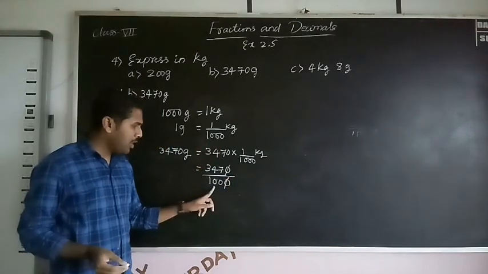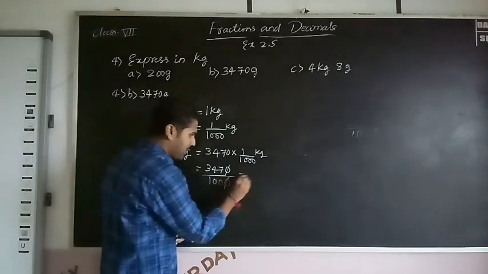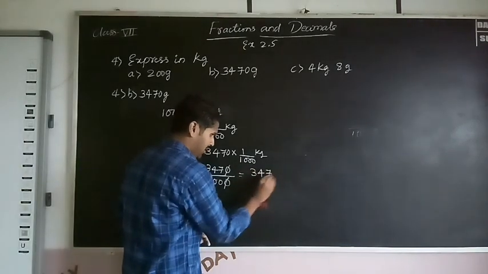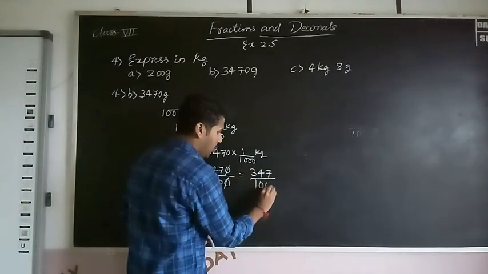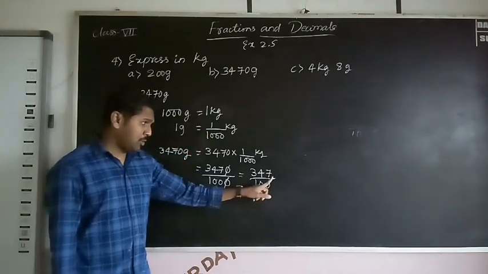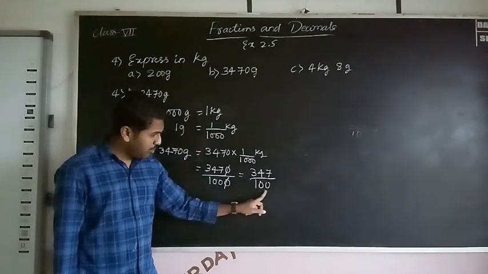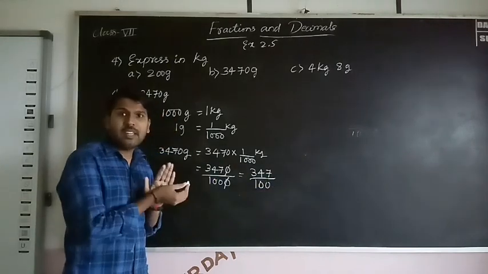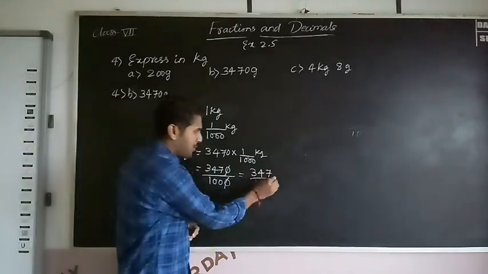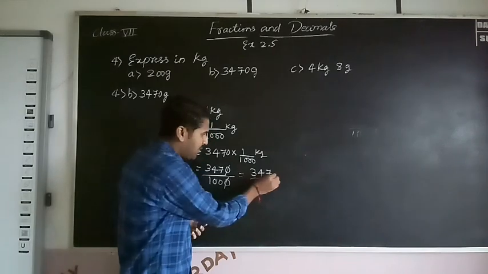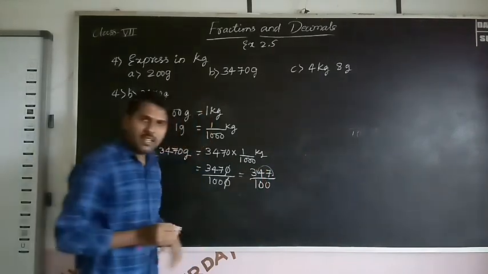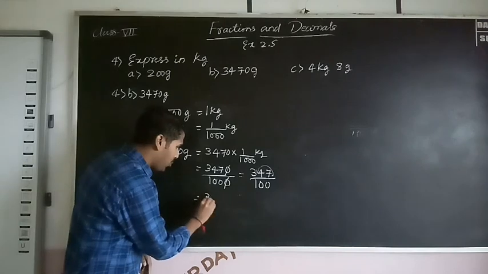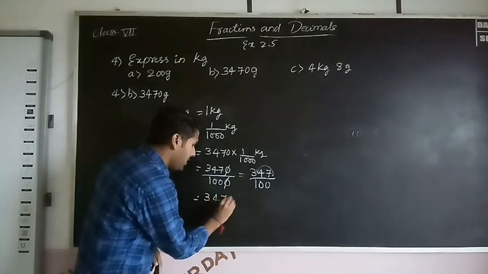After that, 2 zeros are there, so first write down 347 by 100. The decimal point is here, and with 2 zeros you have to shift the decimal point to the left side by 2 digits. So the answer is 3.47 kg.